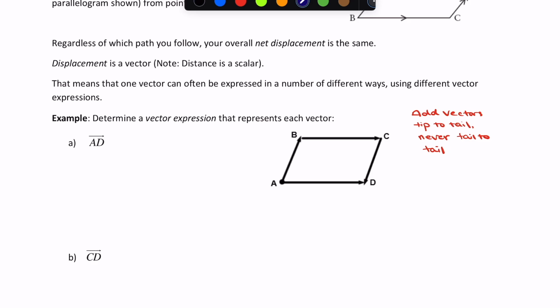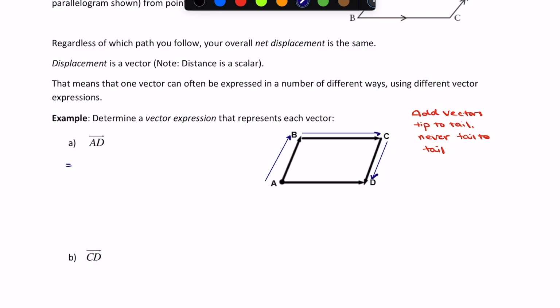So when we are trying to determine a vector expression that represents this particular vector, vector AD, we go from A to B, tail to tip, go from B to C, which is tail to tip, and then we go from C to D.